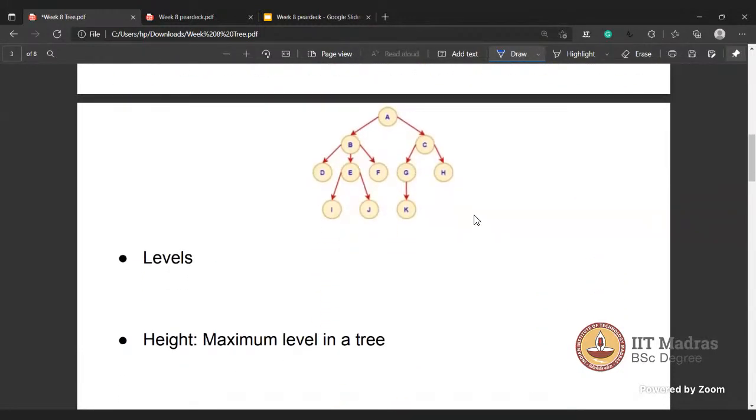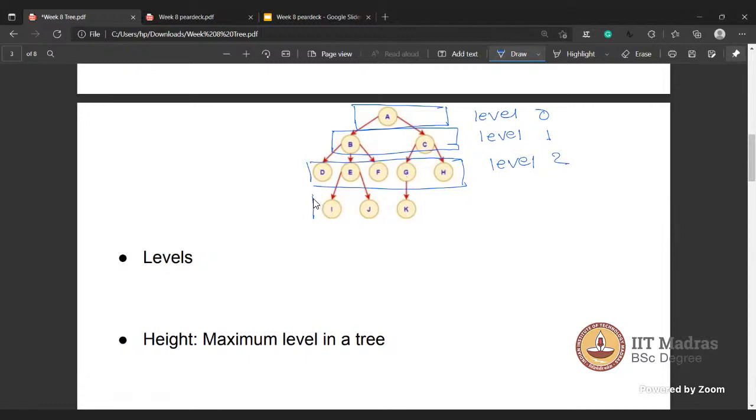Then levels. The root node is said to be level 0, like this node is said to be level 0, and their children level 1, and B, C children level 2, and their children level 3.